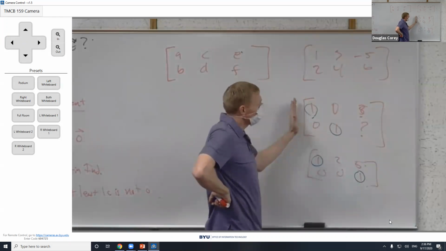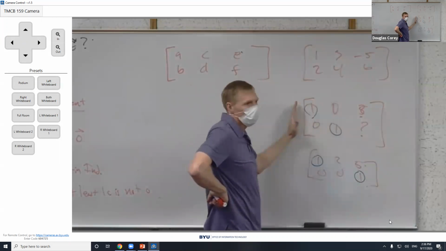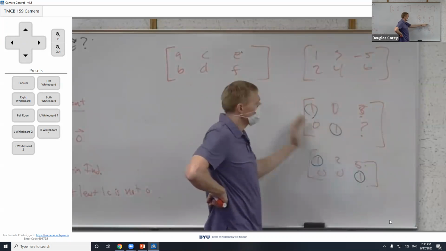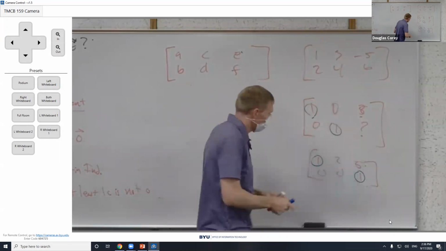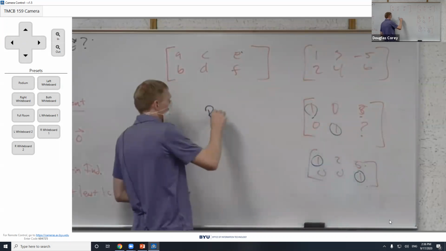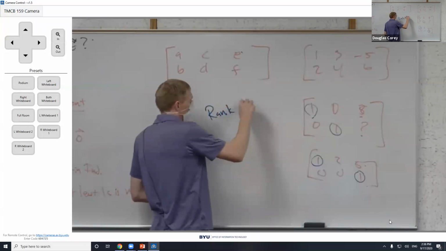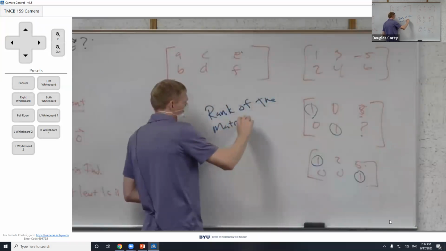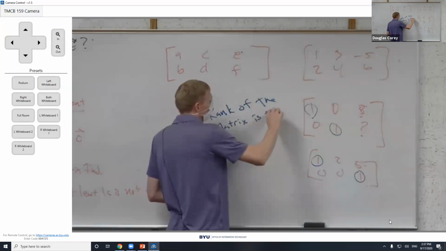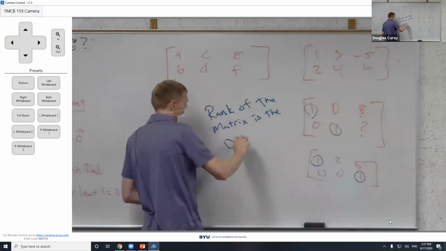When you put your vectors into a matrix and you row reduce, the rank of that matrix is the same as the dimension of the span.